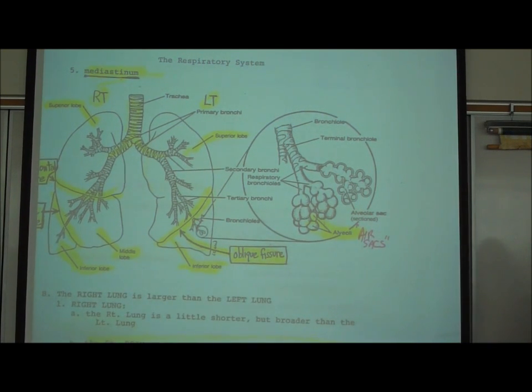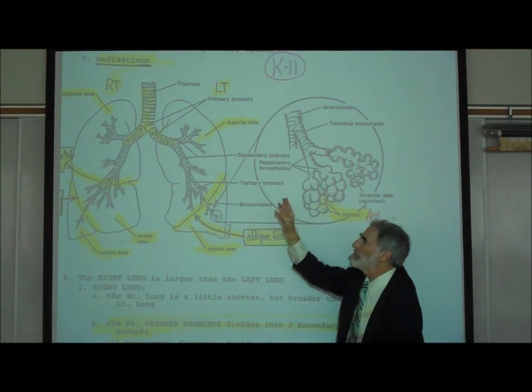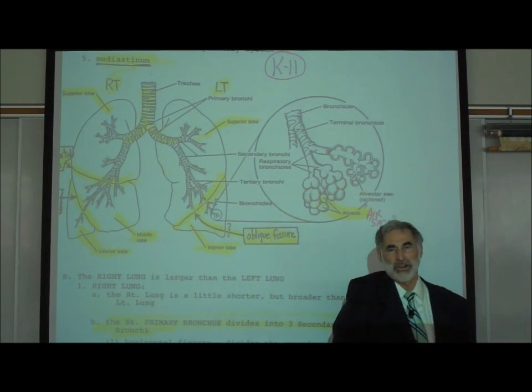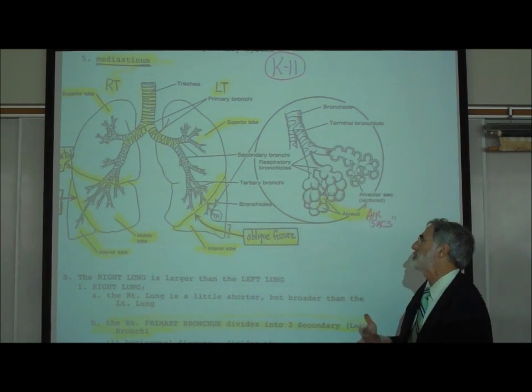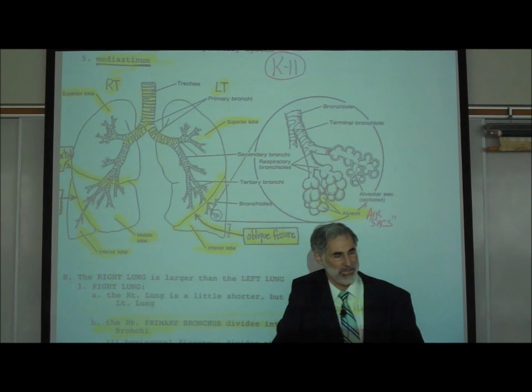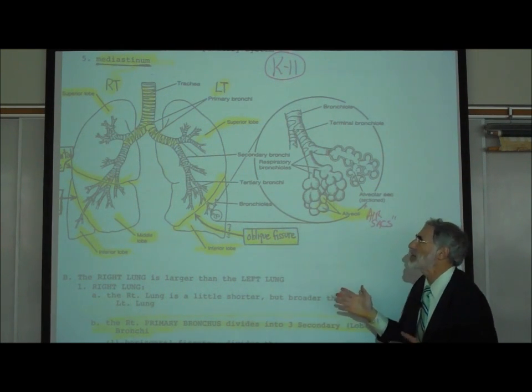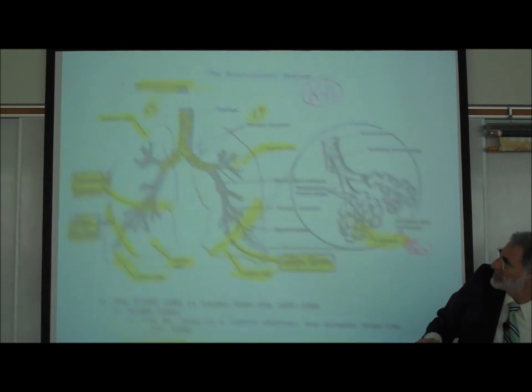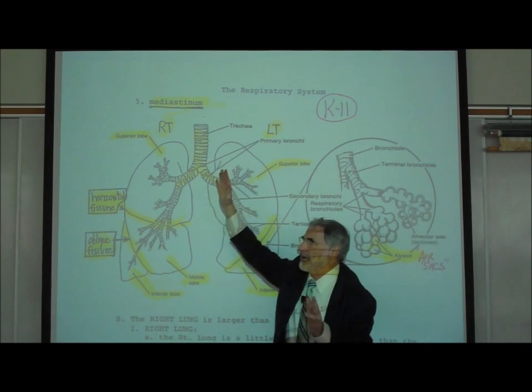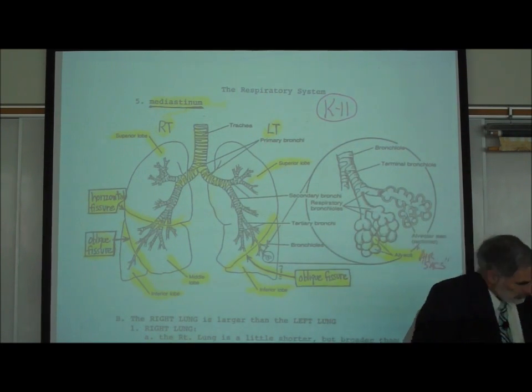Alveoli, little air sacs. And it's only at the alveoli where oxygen and carbon dioxide move between the lungs and the bloodstream. There is no exchange of gases occurring in any of the other higher airways.